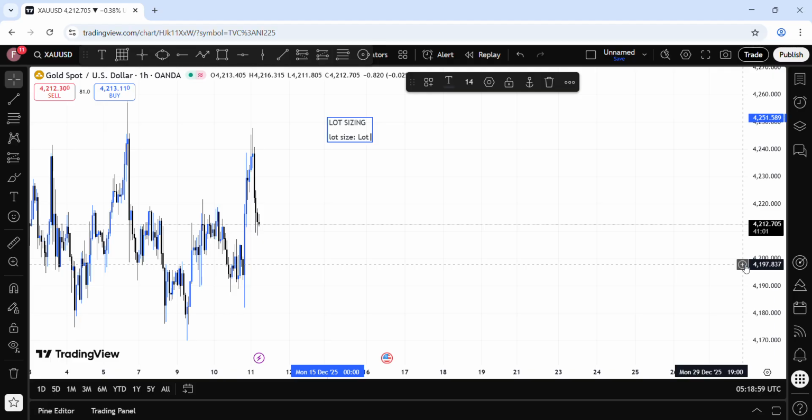What do you mean by lot size? Lot size refers to the amount of currency units you are trading.